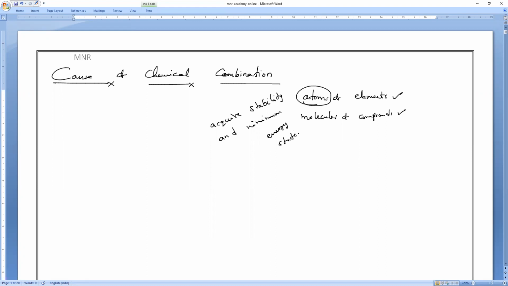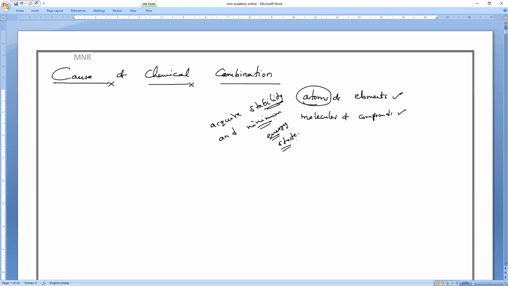So every chemical substance wants to react with something else and form a new compound, only to acquire stability as well as to minimize the loss of energy. That is the energy state.